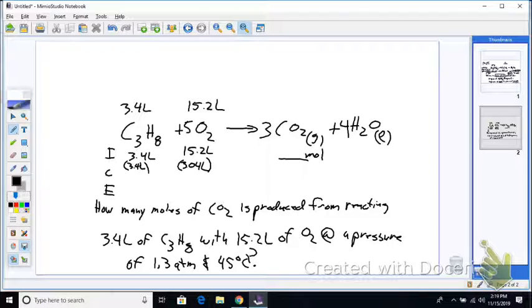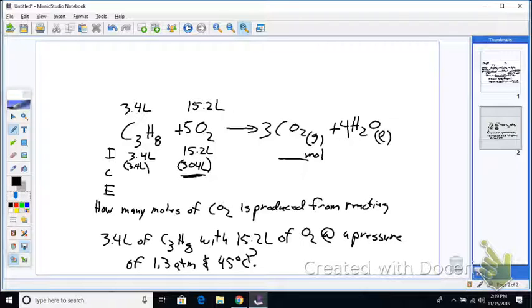So then you guys can do a volume to volume 5 to 3 with the 15.2, because the volume ratio works the same as a mole ratio. Since we know the oxygen limits it because it has less, after you divide it by 5 it would be 3.04.